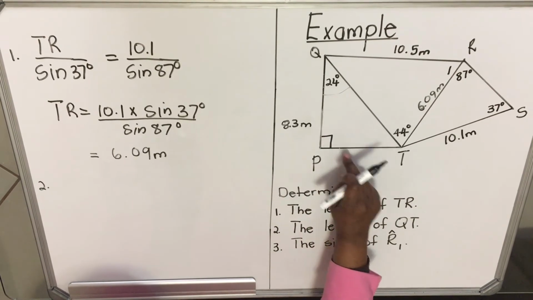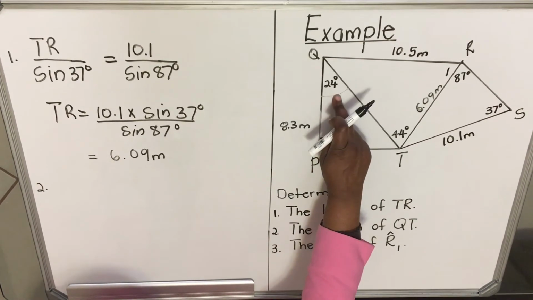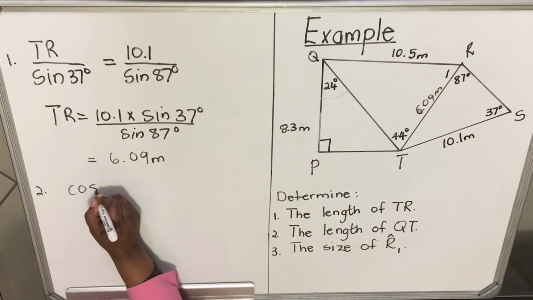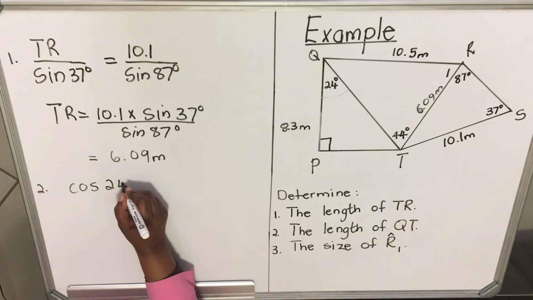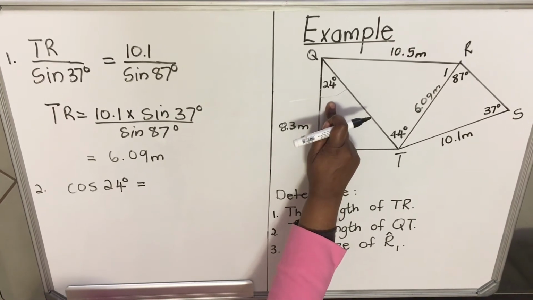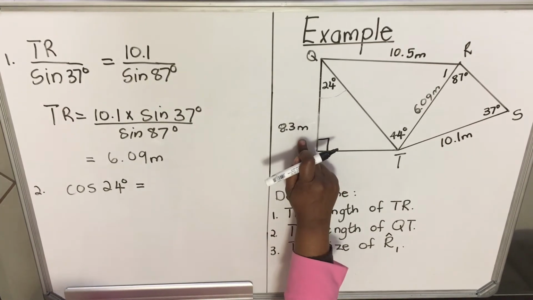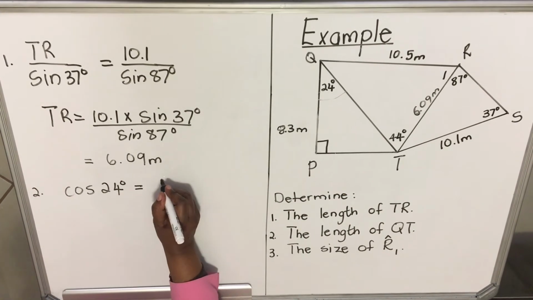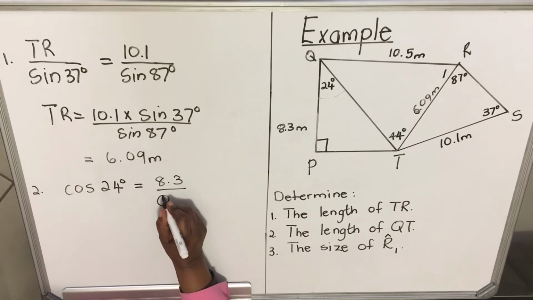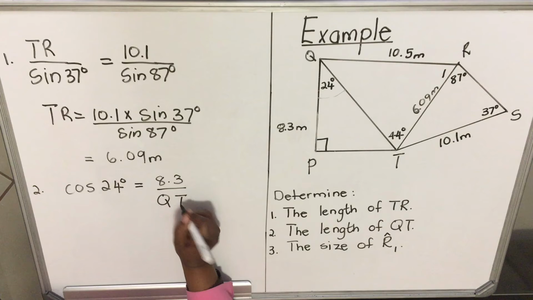But we don't have that. We have this one that is closer to the angle. So we'll use cos. So it will be cos 24 degrees is equal to, what is cos? Adjacent over hypotenuse. Adjacent is 8.3 over hypotenuse is the QT that we want.